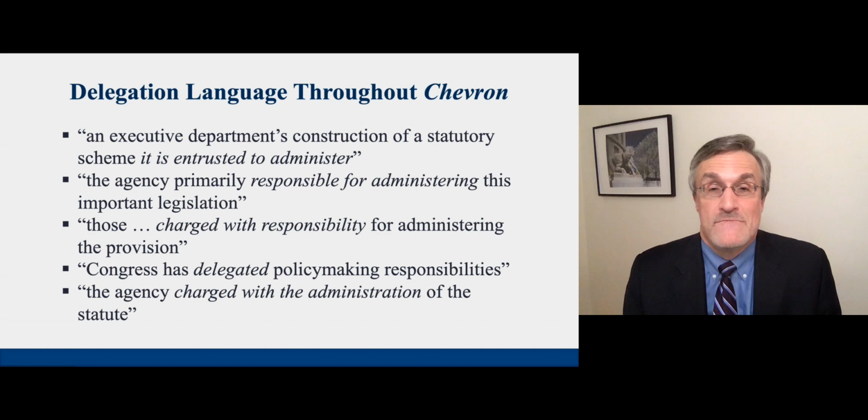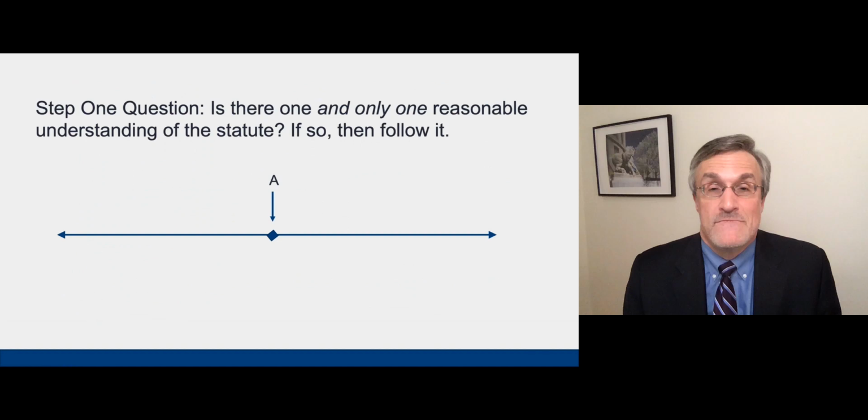So with that, let's turn back to Chevron and its framework for a moment and try to think about it in a spatial sense. Think about a line, and there are various points on that line that could represent different meanings of a statute. Step one of Chevron is asking courts to consider whether there is one and only one reasonable understanding of the statute, and if so, then to follow it.